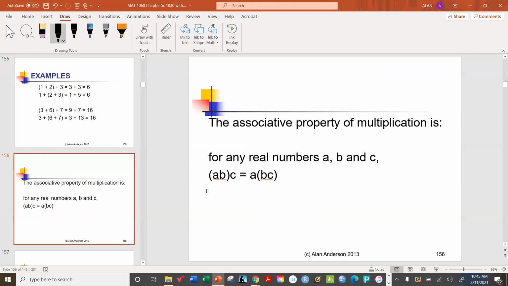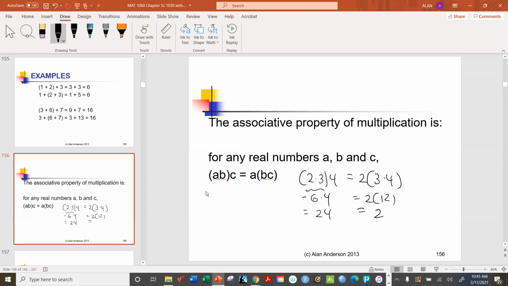So in other words, this is saying that, for example, 2 times 3 times 4 equals 2 times 3 times 4. How do you know? Because if you evaluate what's going on in these parentheses, you'll see that that's in fact the case. They're both the same, aren't they? Oh, yes, they are.